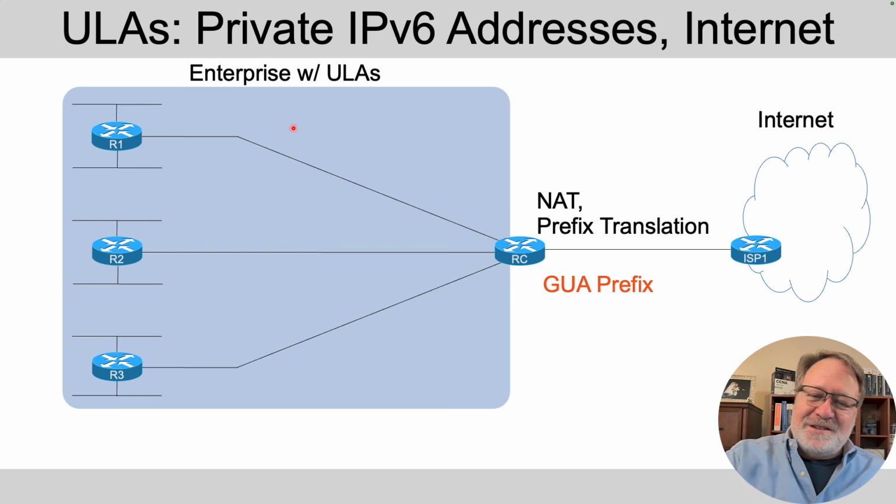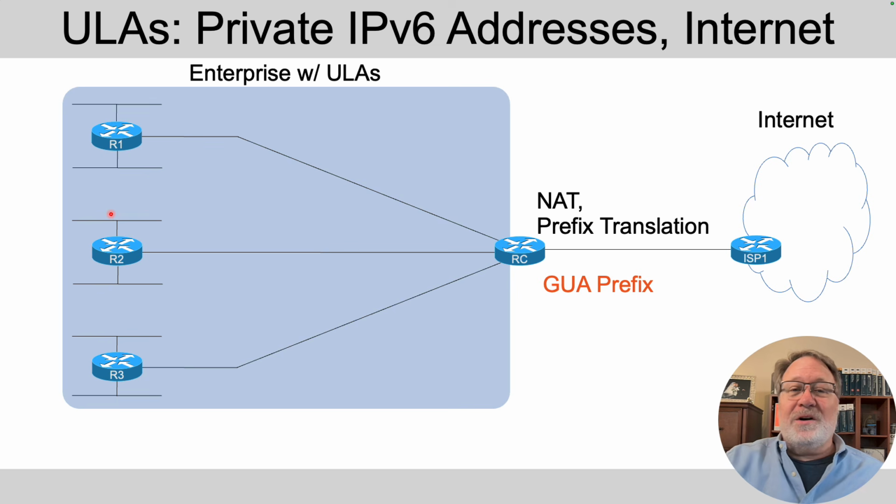Instead of this, just get a GUA prefix and assign GUA addresses all throughout your enterprise and ignore ULAs altogether, ignore the need for NAT or a similar feature called prefix translation that accomplishes some of the same benefits. And you can ignore these private addresses, all right? So that's why I say ULAs are fairly unpopular. People just eschew this idea of going through all this translation stuff and use GUAs, all right?